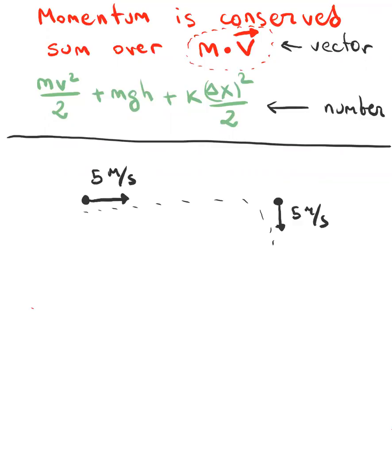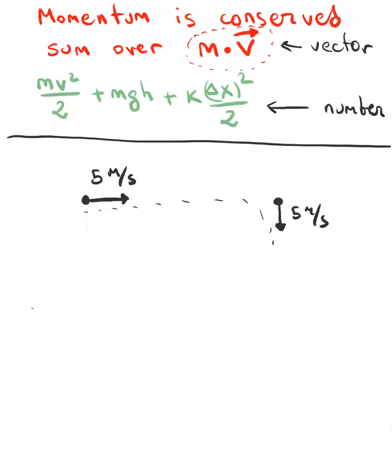You have exactly the same kinetic energy, but your momentum did change. Momentum is a vector, so 5 meters per second to the right is not the same as 5 meters per second down. The second difference is that even though in some circumstances they are both conserved, those circumstances are different. You may have cases where, for example, momentum is conserved while energy isn't.